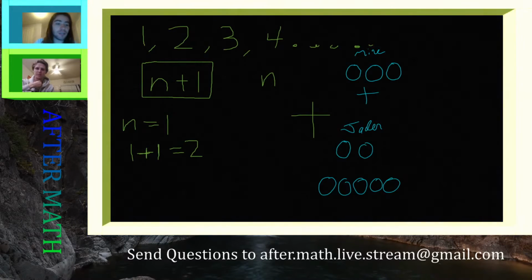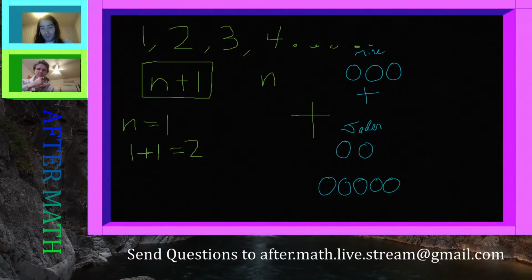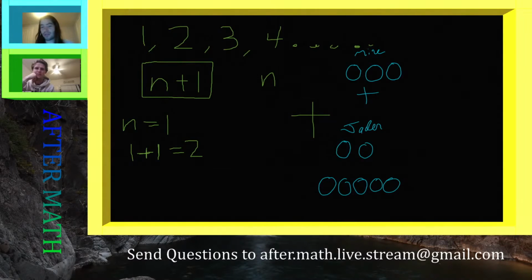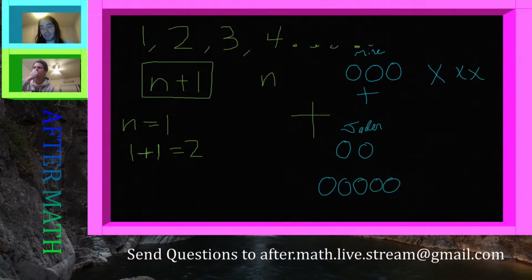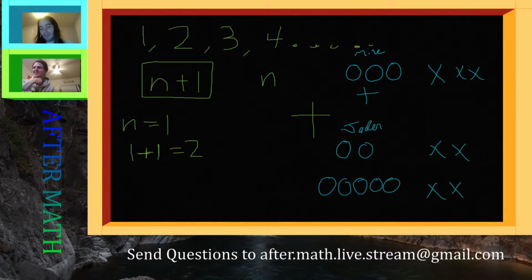And so maybe we're stepping a little too far here, but in algebra, Jaden, all of a sudden you don't get circles, but instead of a circle, you get an X, right? And so we have 3 x's. I have 3 x's. Jaden only has 2. And that equals 5 x's, right?